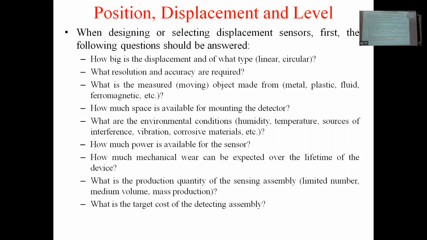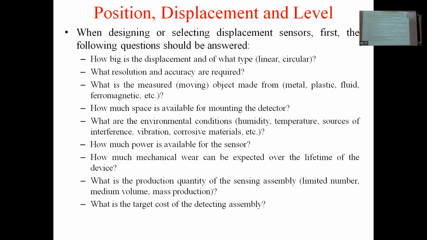What is the measured or moving object made from? It may be metal, plastic, fluid or ferromagnetic material. The object whose movement we want to measure, whether it is a metal object, a plastic object, a fluid or liquid type of object, or a ferromagnetic type of material.